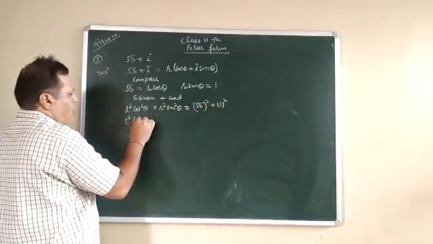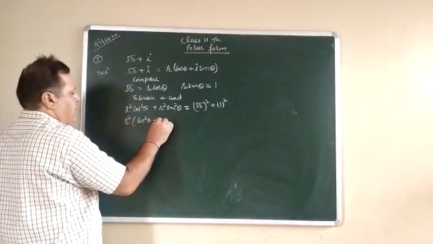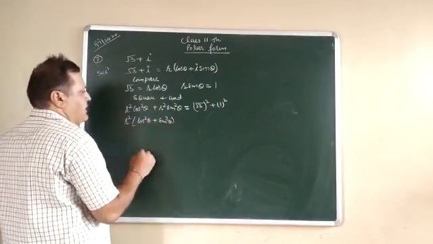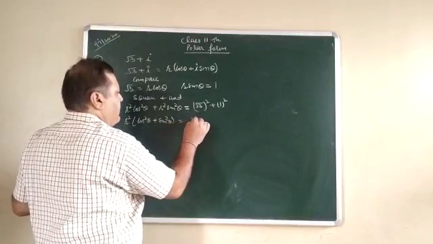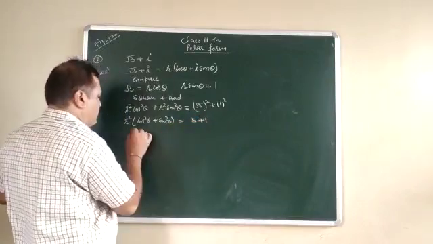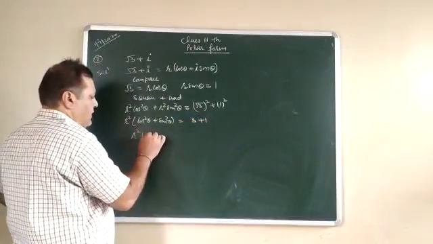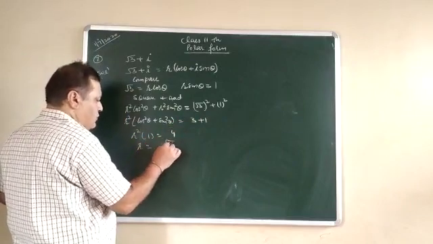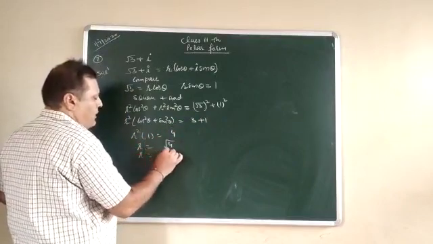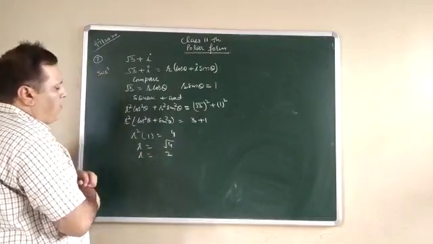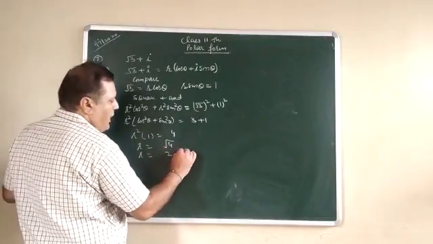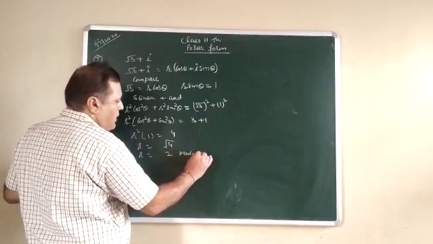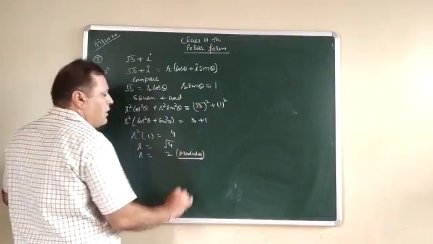R square common, cos square theta plus sin square theta is equal to 3 plus 1. R square into 1 is equal to 4. R is equal to root of 4. R is equal to 2. Now this value 2 is called the modulus.